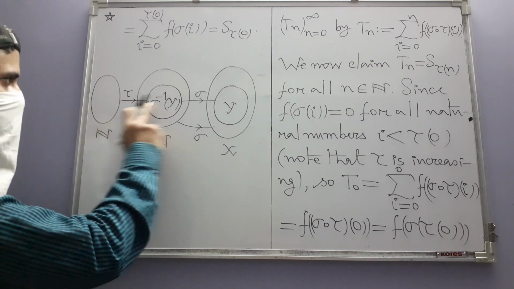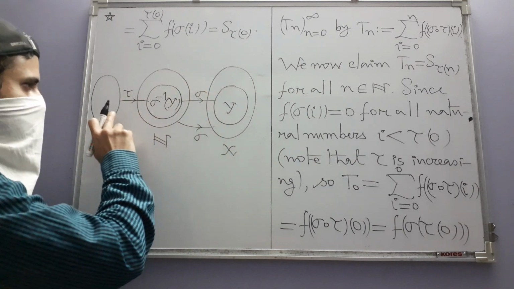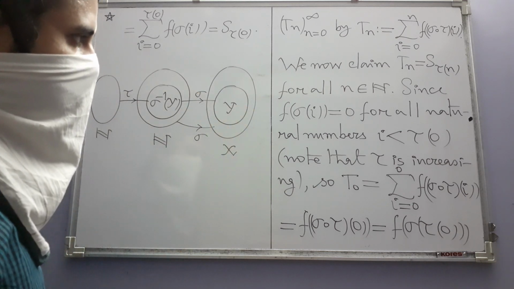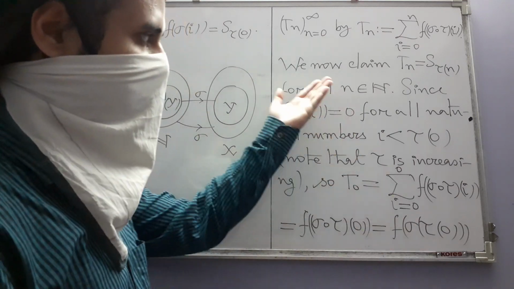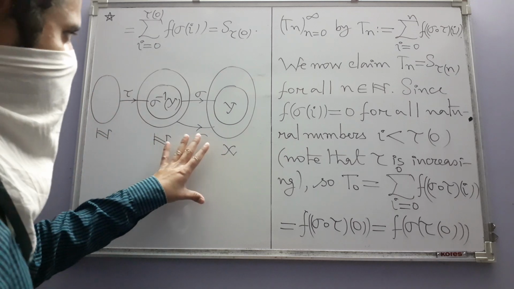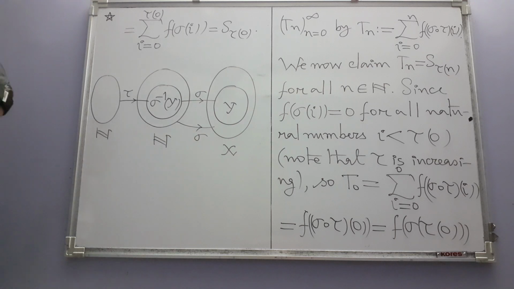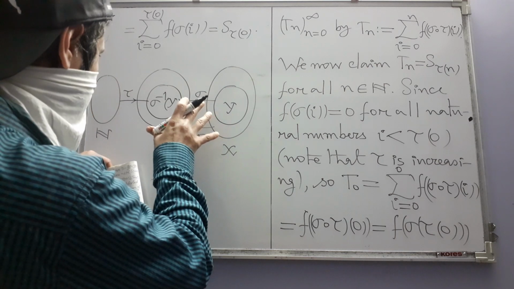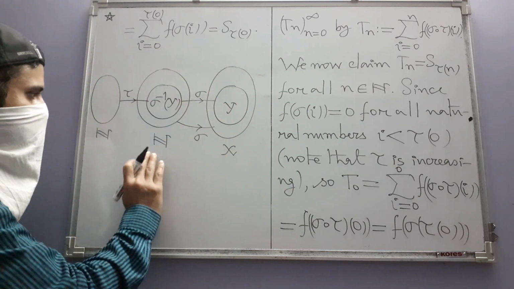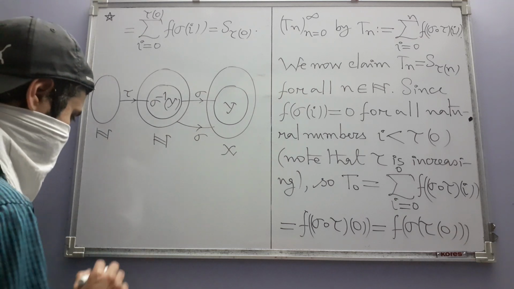And composing this sigma, not the entire sigma, and tau, we have got a bijection from n into y. So you can see that, we of course have to write things in words and using mathematical symbols, but the moment you draw a picture, everything you can see at once and it becomes very clear. But now we have to zoom in and see what is going on inside this intermediate n. Okay, so what is happening is this.